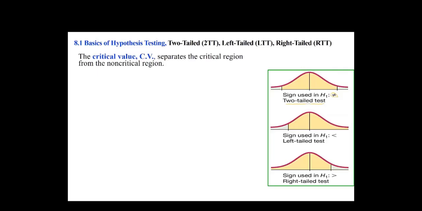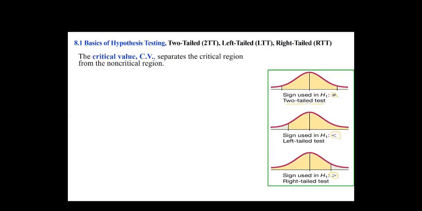Look at the second one and the third one. First of all, both of them are only one-tail tests. The second one is a left tail test, and it uses less than. And the last one, a right tail test, uses the symbol greater than.